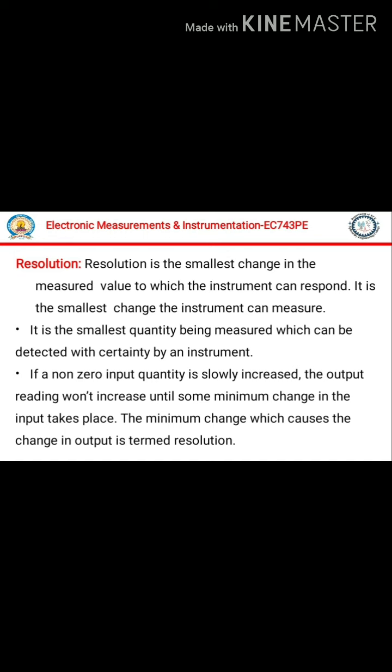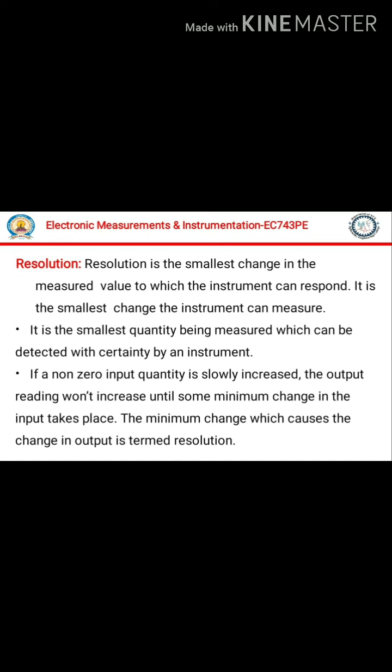Another static performance characteristic is resolution. Resolution is the smallest unit of measurement which you can measure with the instrument. This is the smallest quantity in terms of which you measure in the entire measurement process.